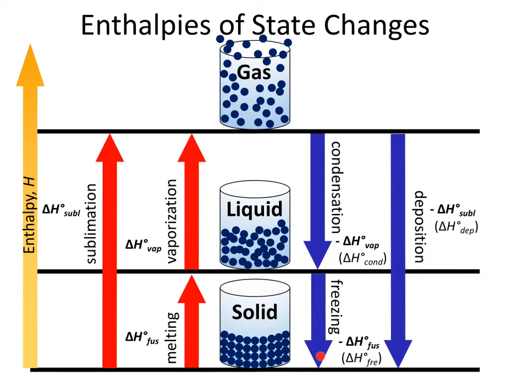When we go into freezing, we're going to call it the negative of the delta H of fusion. But again, sometimes you'll see the delta H of freezing. Now, sublimation is going directly from solid into gas, and we call that delta H of sublimation. Deposition, which goes the opposite way, is just going to be the negative delta H of sublimation, or sometimes you'll see delta H dep.